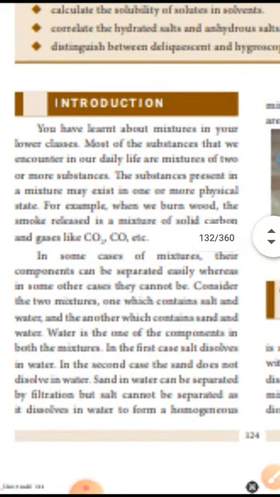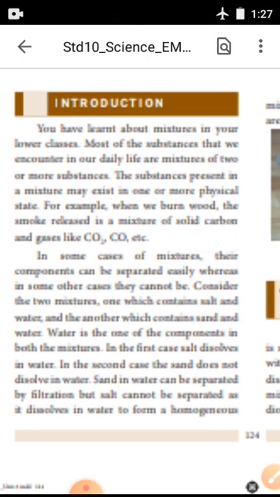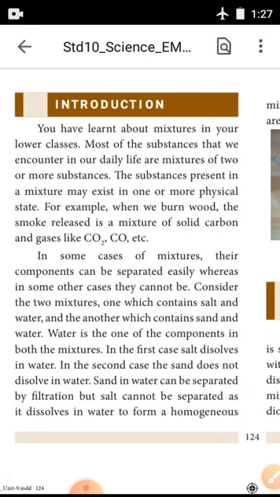From this paragraph, you already learned in your previous classes what is a mixture and what are the types of mixture. Now I recall that. What is a mixture?